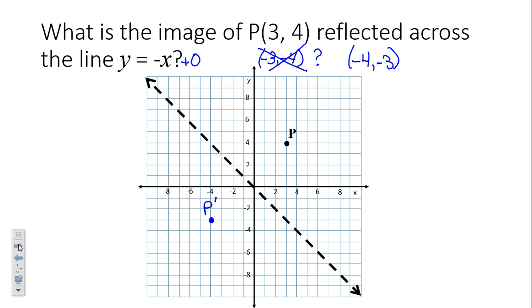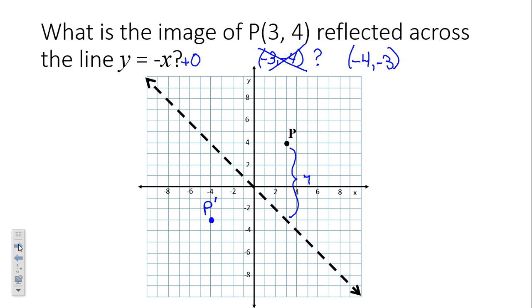And how would you find it? All right, so Braxton suggested counting down from P to this line. 1, 2, 3, 4, 5, 6, 7. 7 spots here.